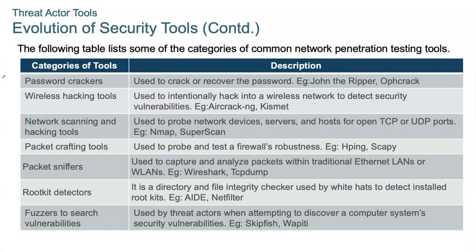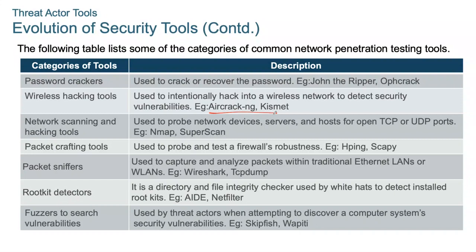Examples of these wireless hacking tools include Aircrack-ng and Kismet. We are just listing the most famous tools here. Other tools are also there, but these are the most famous, and they are Linux or Unix based tools.